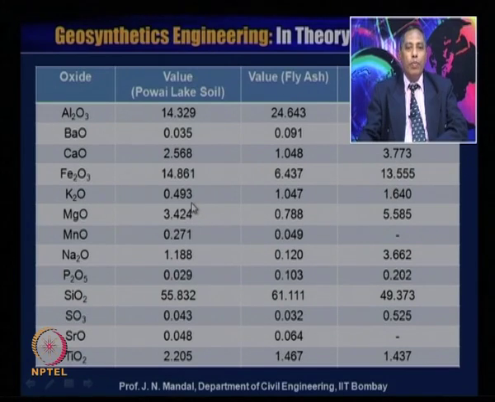K2O for Powai lake 0.493, fly ash 1.047 and marine clay 1.640. MgO 3.424 for Powai lake, 0.788 for fly ash and 5.585 for marine clay. MnO for Powai lake 0.271 and for fly ash 0.049.